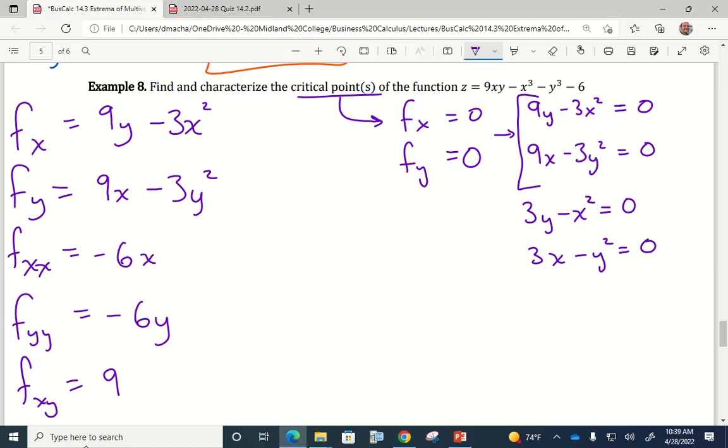I need to solve this system of 2 equations, and I have 2 unknown variables, x and y. So substitution is a lot of times an easy way to do this. I'm going to first solve for y here. If I add x squared to both sides and I divide both sides by 3, I get y is equal to x squared over 3. That's what my first equation is telling me.